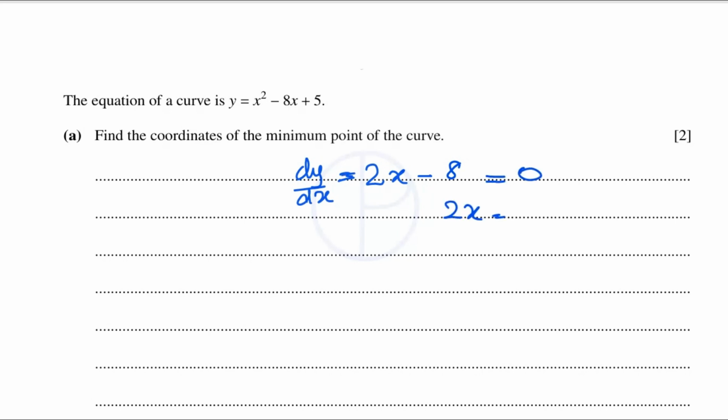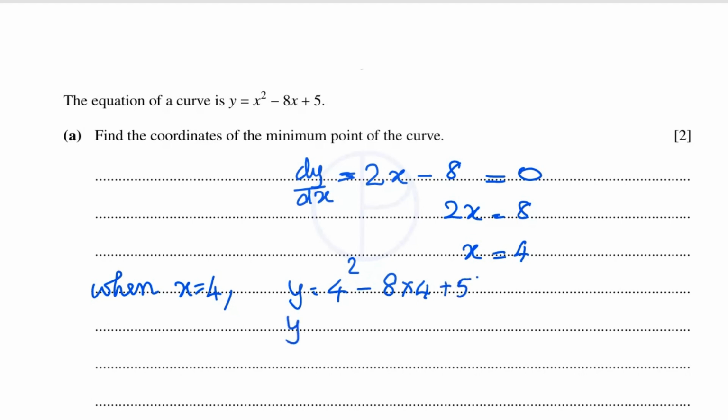So 2x = 8, or we can write x = 4. Okay, so we need the coordinates. So what is the y value? When x is 4, y = 4² - 8 × 4 + 5, substituting the value 4 for x. So y = 16 - 32 + 5, which is -11. So the coordinate is (4, -11).